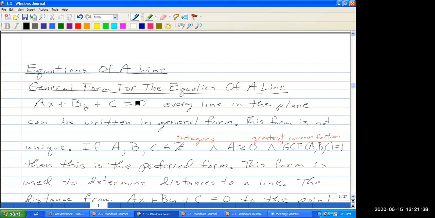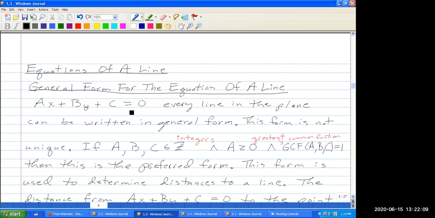So if A, B, and C are integers, and if A is greater than 0, and if A, B, and C are relatively prime, meaning that the greatest common factor between A, B, and C is just 1, then this is the preferred form that we like to write our general form in.